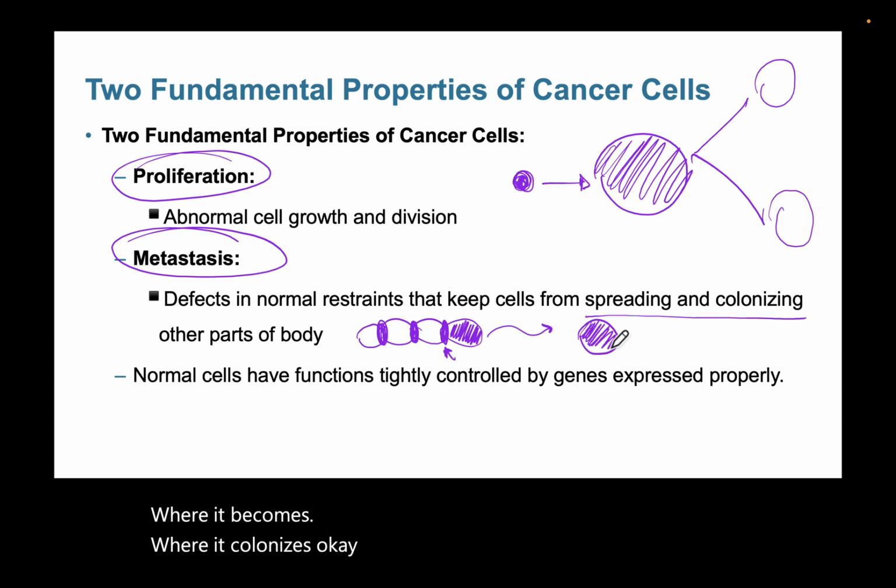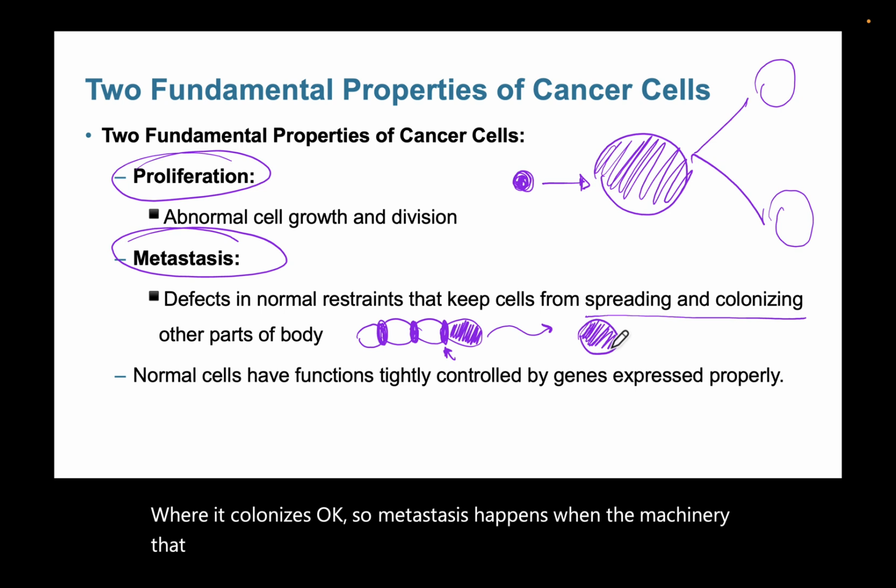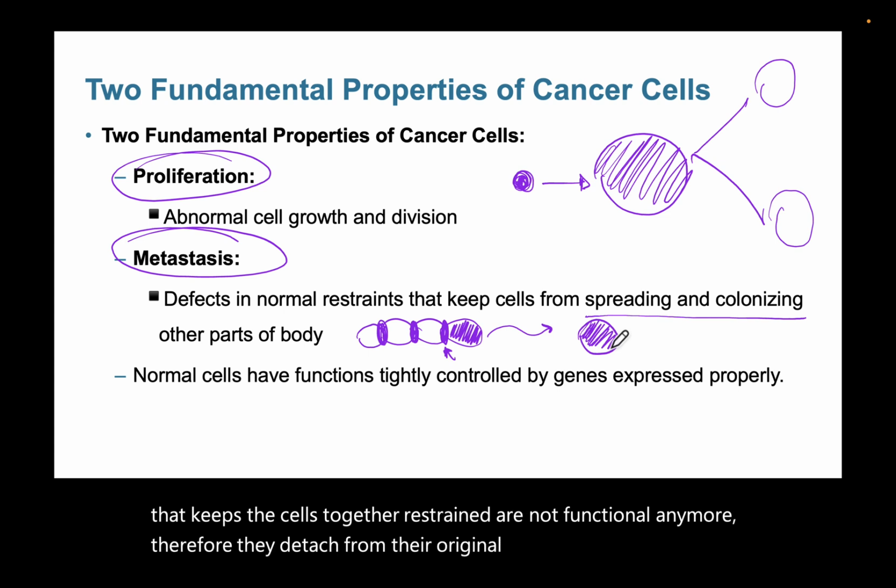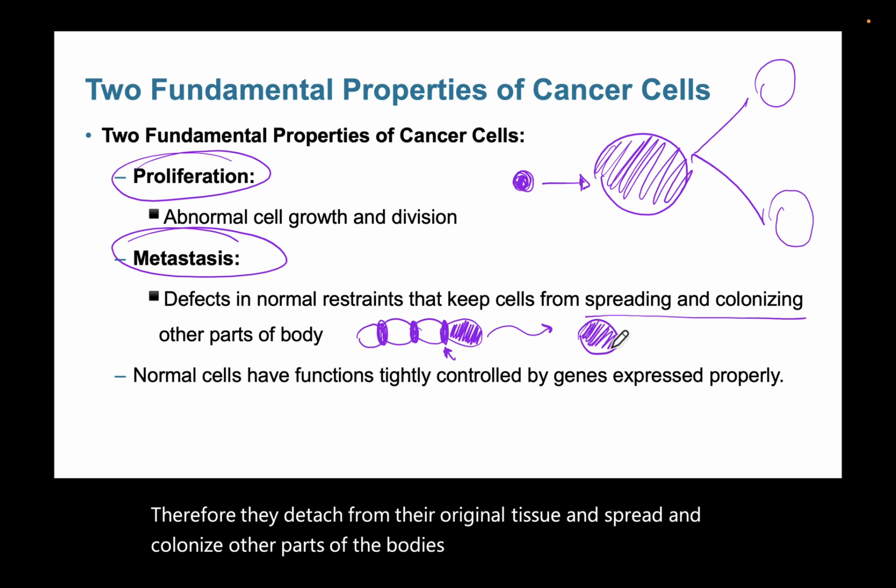So metastasis happens when the machinery that keeps the cells together and restrained is not functional anymore. Therefore, they detach from their original tissue and spread and colonize other parts of the body, okay?